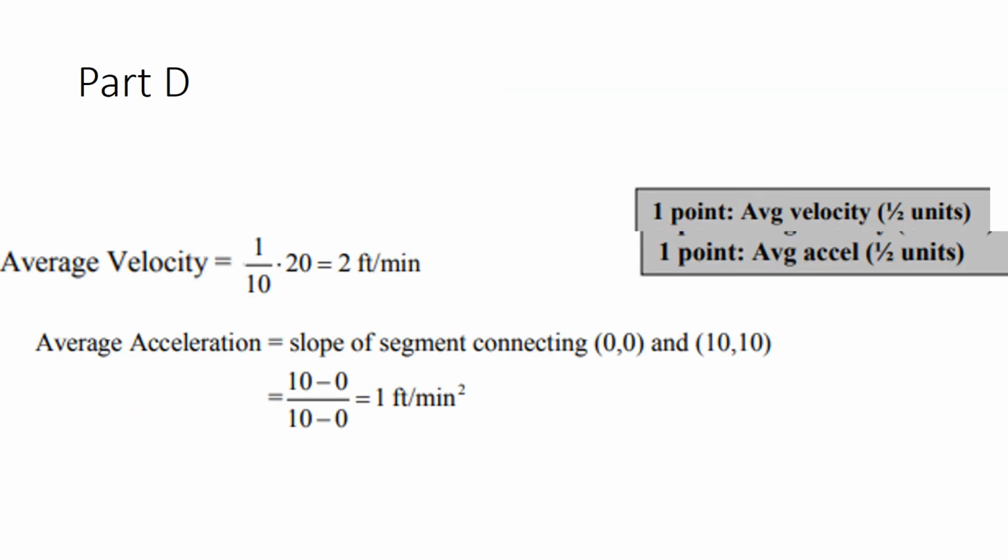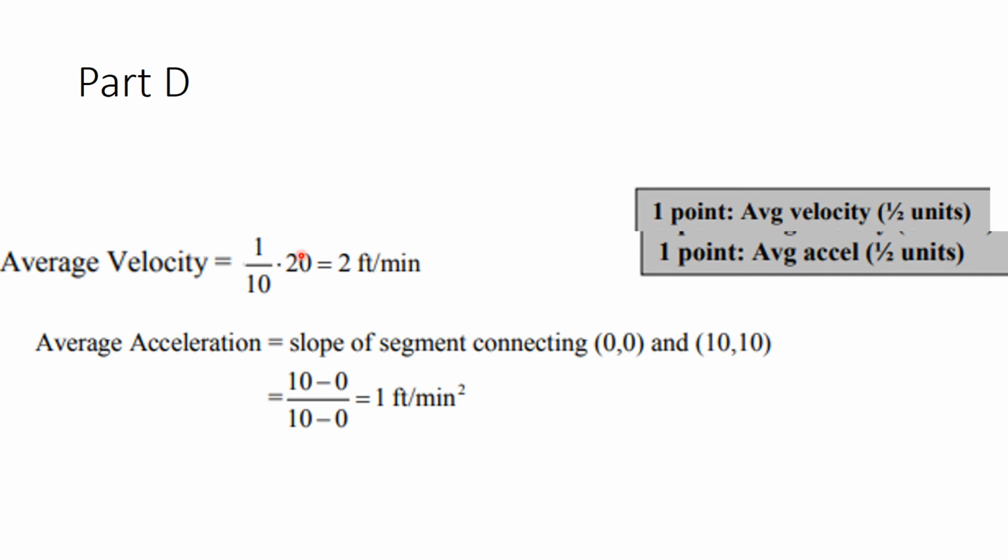Part D, we wanted to find the average acceleration and the average velocity over the entire time. So average velocity is change in distance divided by change in time. So what you did is you changed a net of 20 feet. Your final location minus your original location was 20 minus 0 divided by 10. So that is 2 feet per minute. That's your average velocity. Your average acceleration is going to be the change in that.